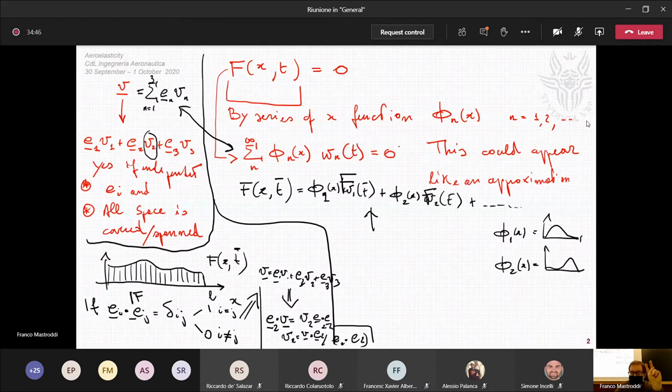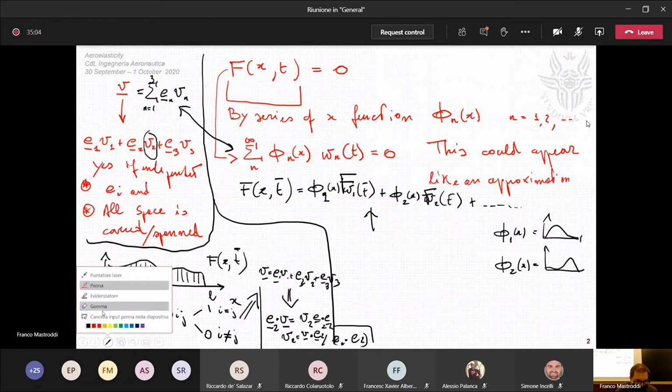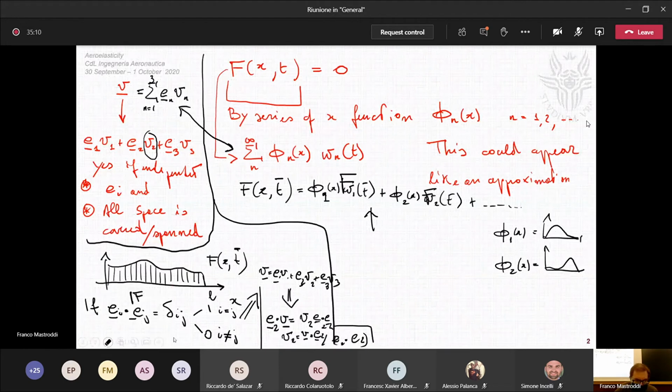So we have two different representations in terms of series: the equation and the unknown. So please correct here. This is not 0, this is equal to w(x). So please, this is the equation, and this is our unknown.